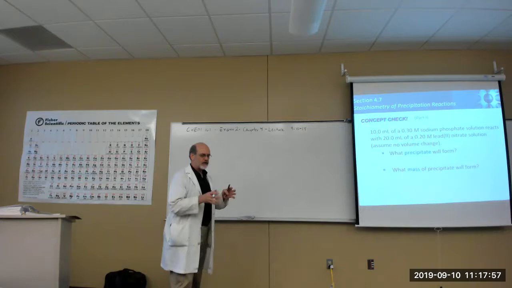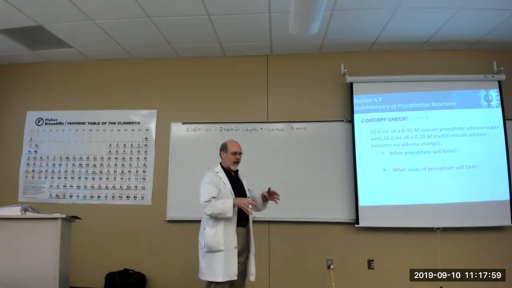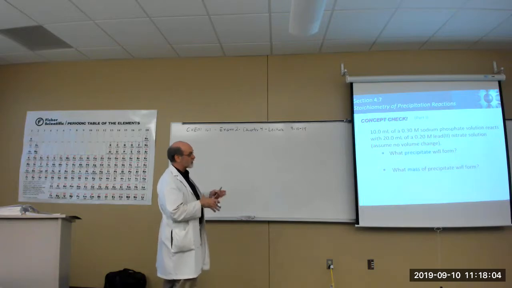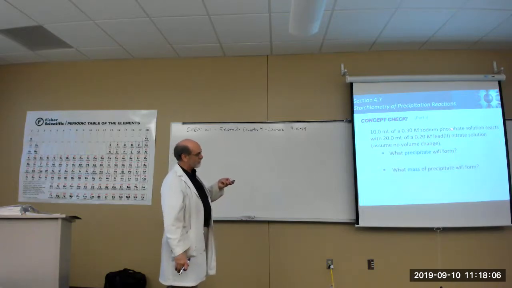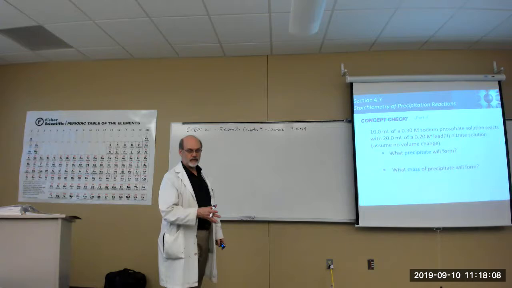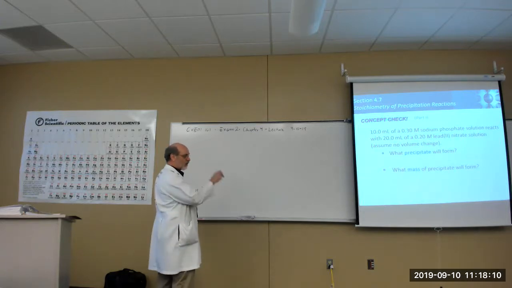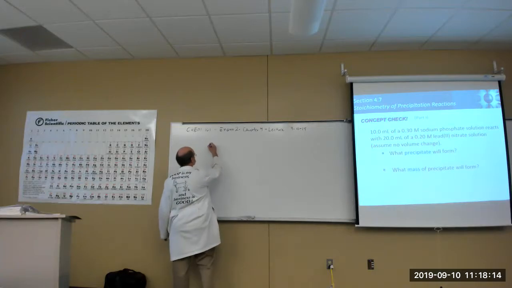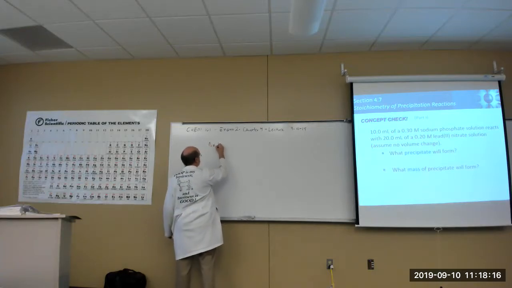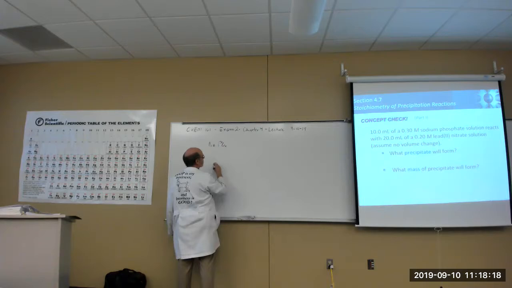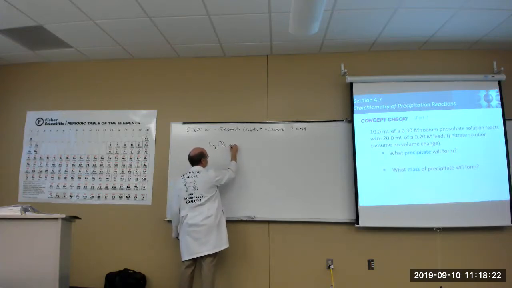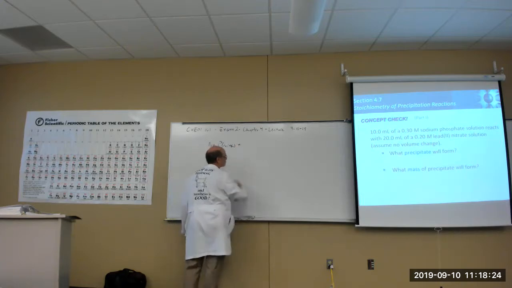So the first thing you need to do is write the reaction. You've got to write the compounds that enter the reaction because they're only given by name, right? So we're back to nomenclature. Take that name and write the compound. So we've got sodium phosphate, which is 3 minus, so we need 3 sodiums in solution.